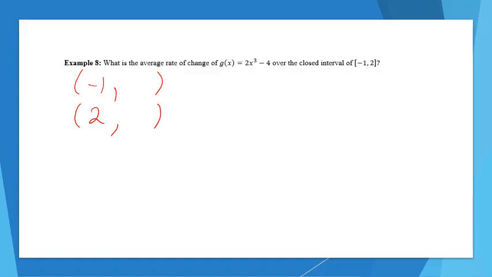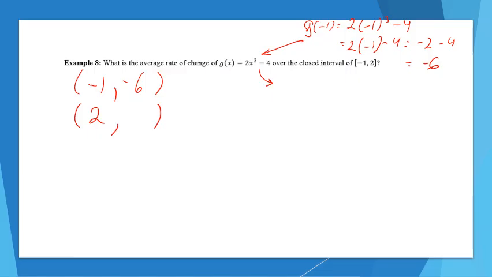So to get these, remember, all you got to do is just plug negative 1 into the function and plug 2 into the function as well. So if we want to find g of negative 1, this is going to be 2 times negative 1 cubed minus 4, which is 2 times negative 1 minus 4, which is minus 2 minus 4, which is negative 6. So this should be negative 6.